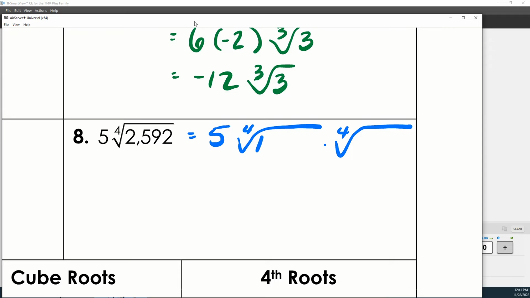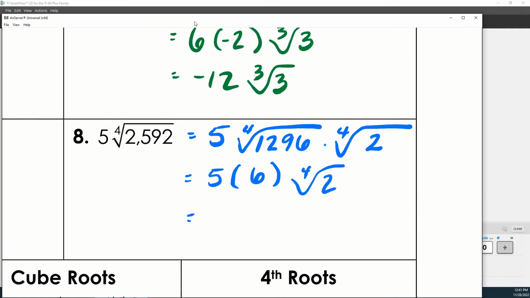So that's going to be 1,296 times 2. And the fourth root of that number is 6. So it's going to be 30 times the fourth root of 2. Okay. So it's like what we've done before, just on like a larger scale. And it's been a while since we've done that for sure.